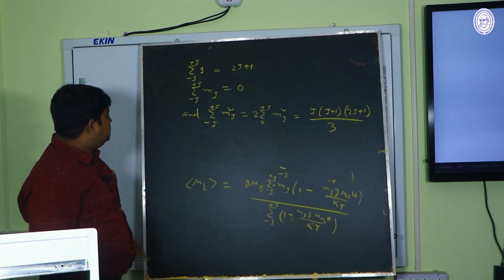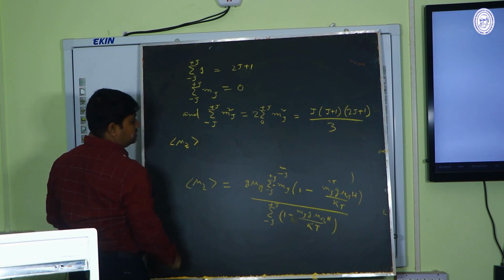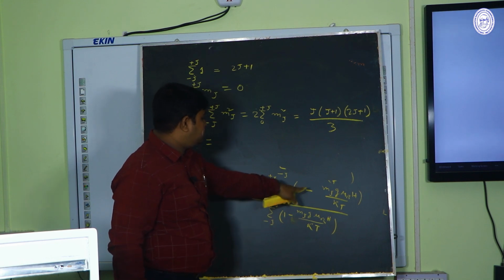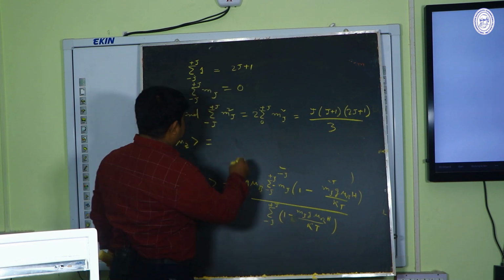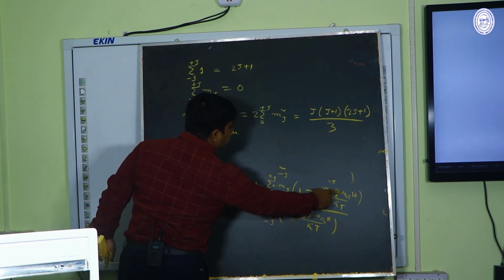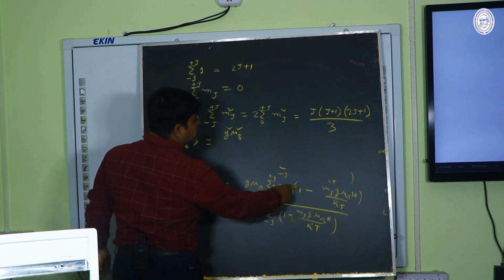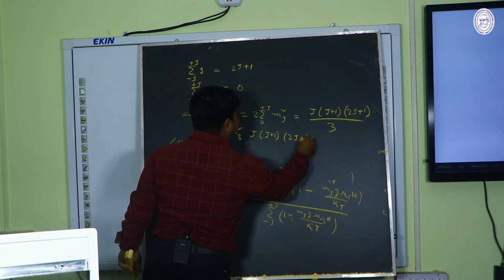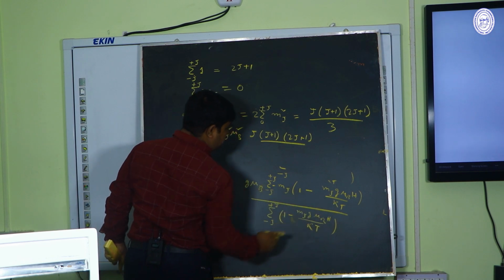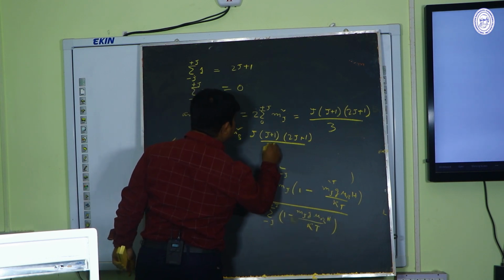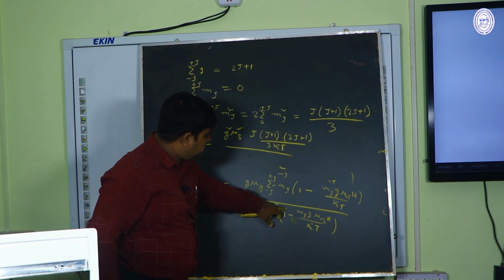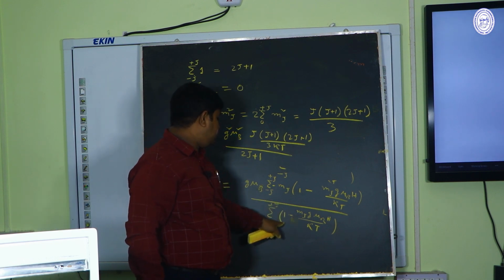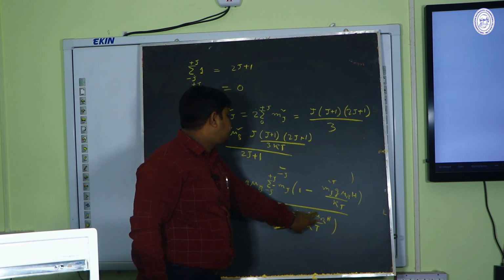So mu z average is equal to: the first term is 0, and the second term is minus the summation of mj whole square, that is g mu b into g mu b, g square mu b square, and mj square means j into j plus 1 into 2j plus 1 by 3 kT, divided by 2j plus 1 from the first summation. The summation of mj is equal to 0, so the other term vanishes.